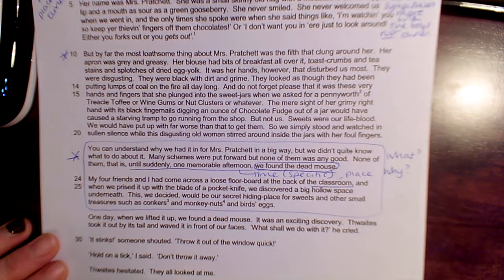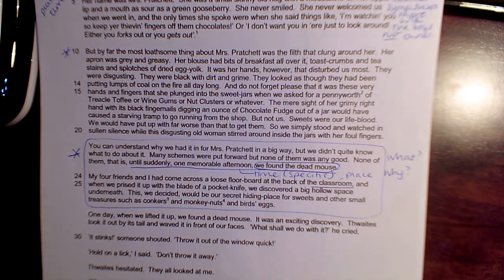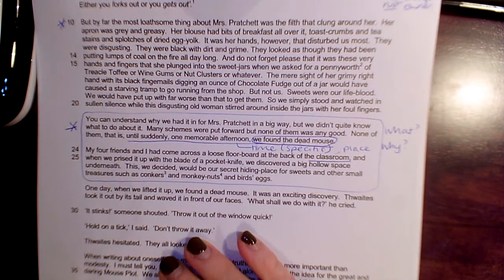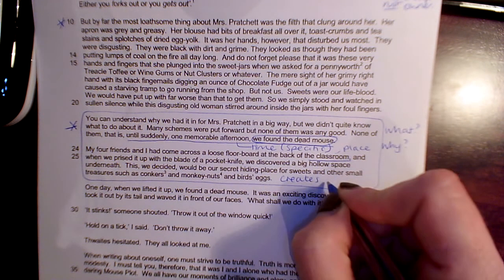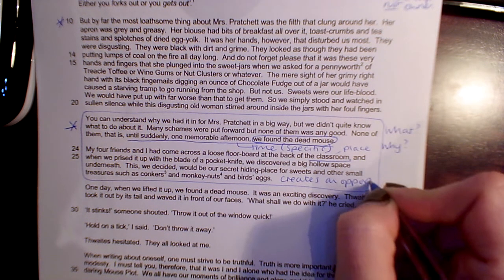So now the question is why. Why has the writer chosen to change the focus from the sweet shop owner there and her disgusting hands to the zooming in on the memorable afternoon of the dead mouse discovery? Well, the reason probably is that it creates an opportunity.